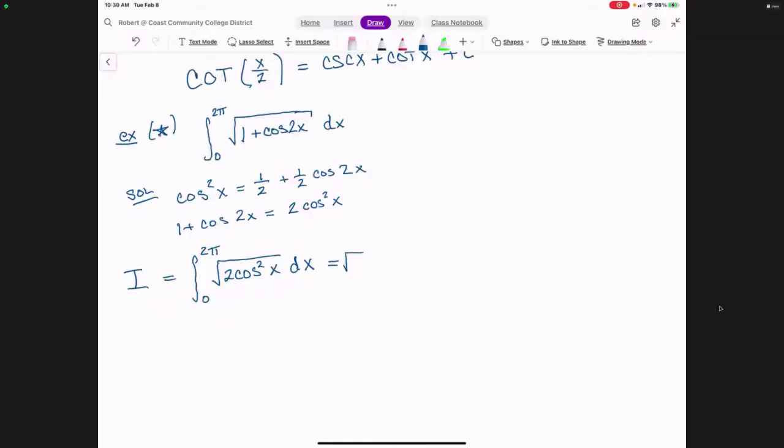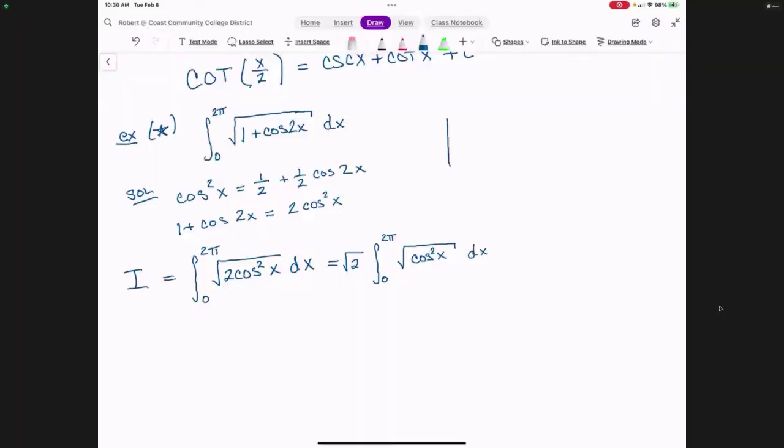If I bring the square root of 2 out of here, I get the integral from 0 to 2 pi of the square root of cosine squared x.